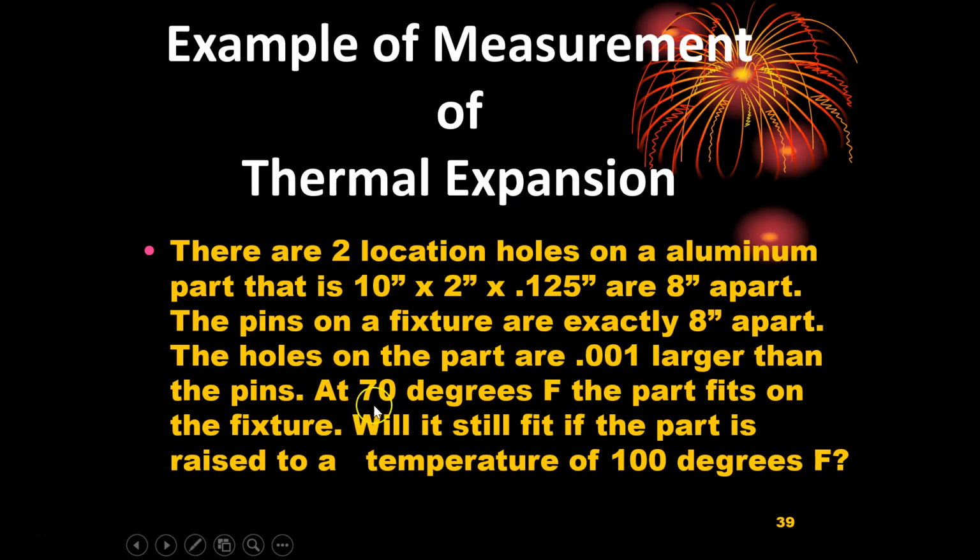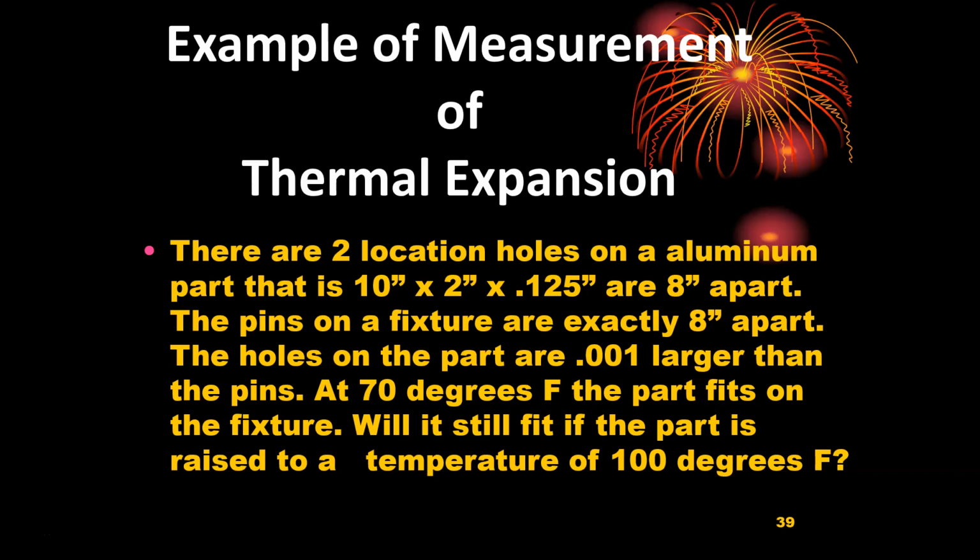So it's 100 minus 70, so that's 30 degrees change of temperature. So we throw all that into a formula. So first thing we would do is throw in the coefficient, 12.8 times 10 to the negative 6 times the 8-inch distance times 30. Okay, 30 is the change in temperature.